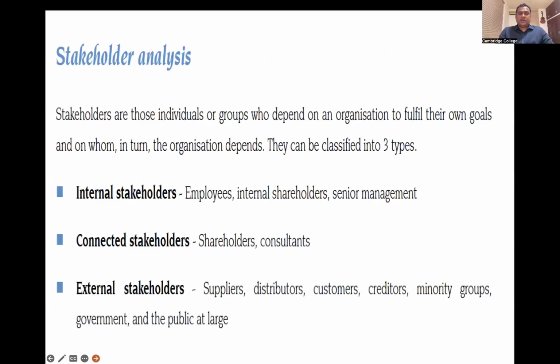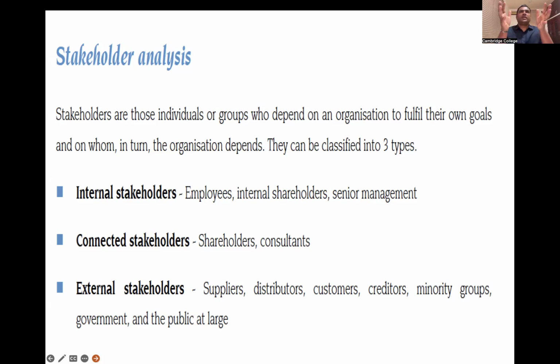Let us now look at stakeholder analysis. Of course, we have done this before. There are three stakeholder types. You have internal stakeholders, connected stakeholders, and external stakeholders. Who is a stakeholder?